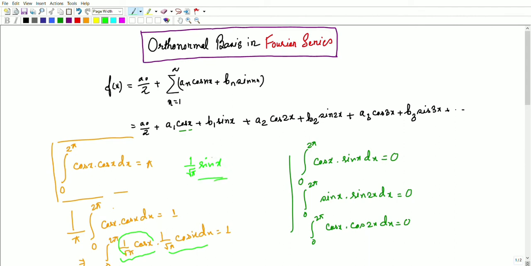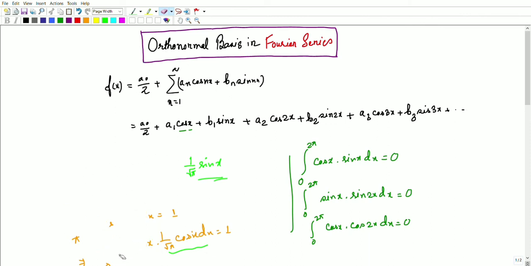Okay, so here we have to normalize this basis function with this quantity. So we can make one function orthonormal through the process of normalization. We have already seen that these cos and sine functions are mutually orthogonal to each other, and we can make them orthonormal through the process of normalization.